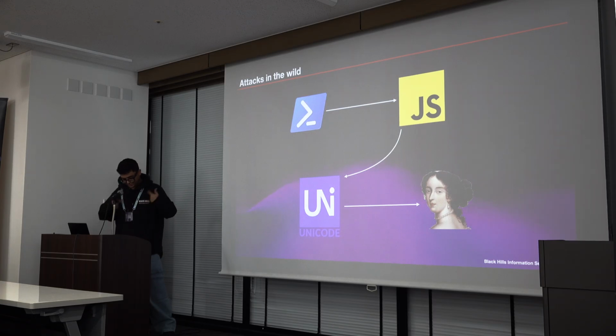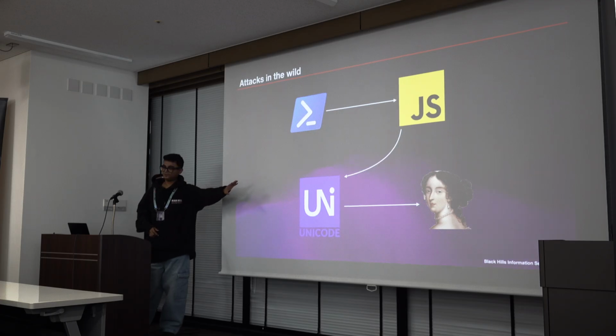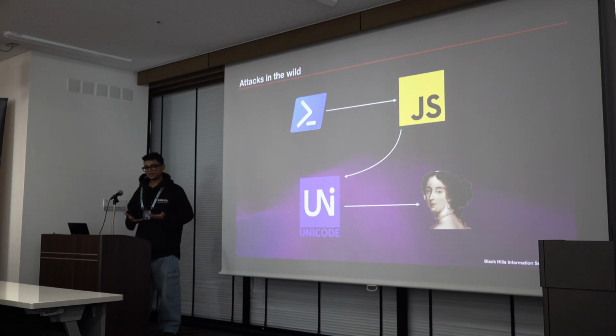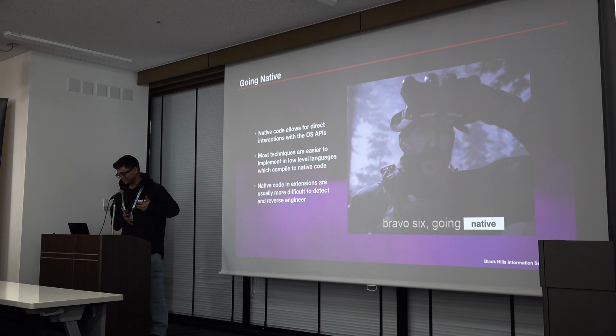Let's think about that: from something so simple, we went to something so complex. Anytime I have to open up IDA to do something, I will classify it as pretty advanced stuff. So it looks like going native is where the fun begins. That's what we are going to do here.